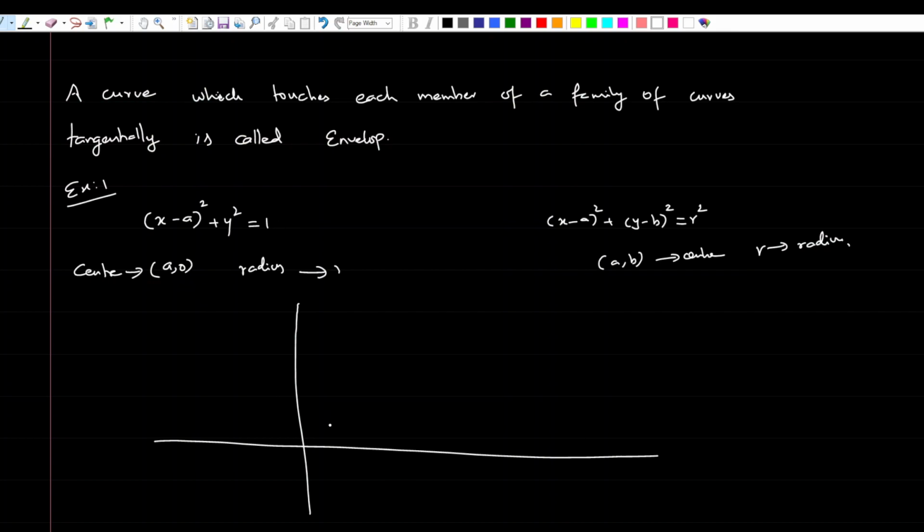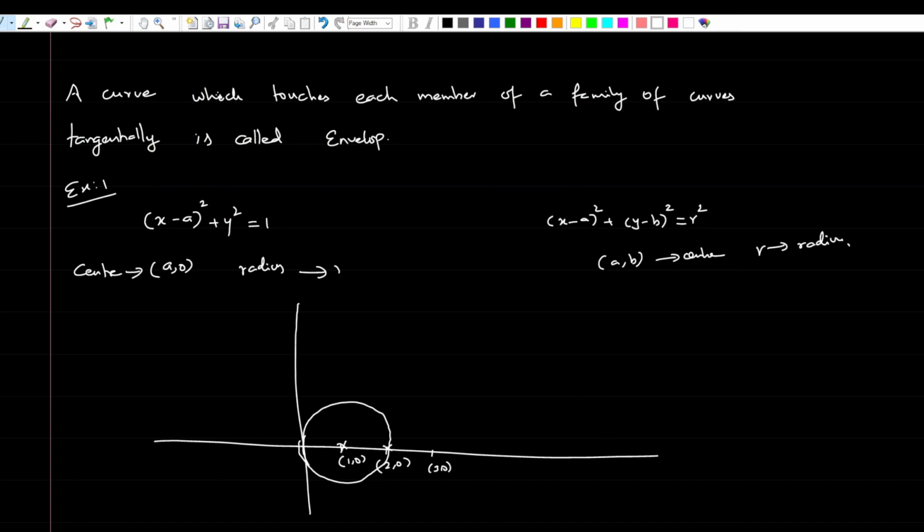So let me take the centers: this point 1 comma 0, this is 2 comma 0, this is 3 comma 0, or any point you can take. Here the radius of the circle is 1, therefore the circle will be like this. It's somewhat difficult to draw, understand. This is a center with radius 1.